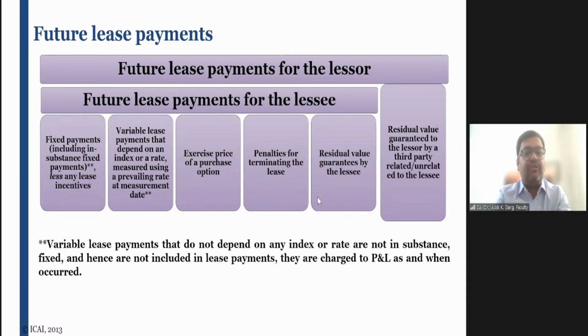So 1 lakh rupees the fixed payment, plus 10,000 in the second year, 11,000 in the third year, 12,100 in the fourth year. This is also in substance fixed payment. Fixed payment plus in substance fixed payment. This is clear to everyone.